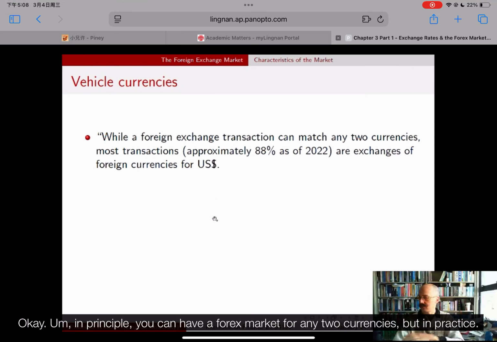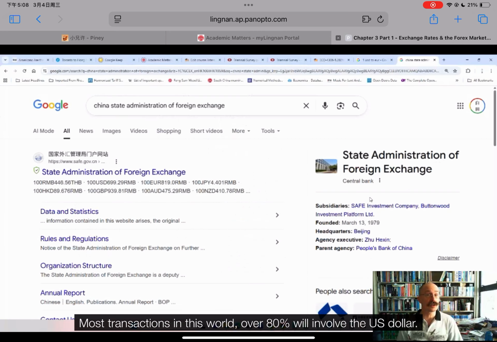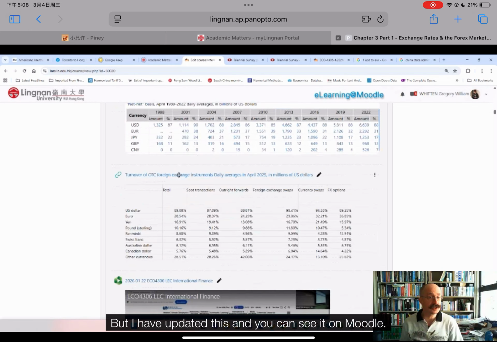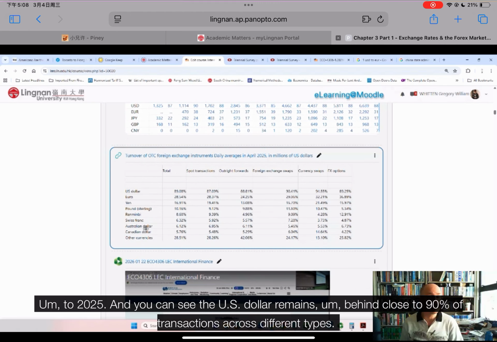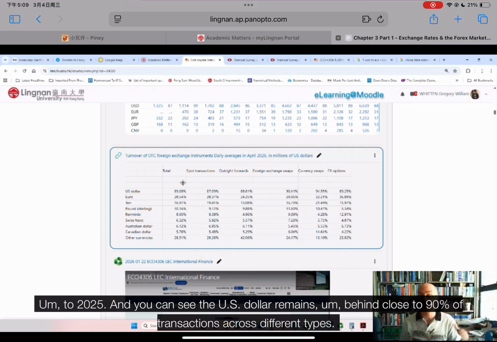In principle, you can have a Forex market for any two currencies, but in practice, most transactions in this world, over 80%, will involve the US dollar. And this is information from 2022, but I have updated this, and you can see it on Moodle, to 2025, and you can see the US dollar remains behind close to 90% of transactions across different types.